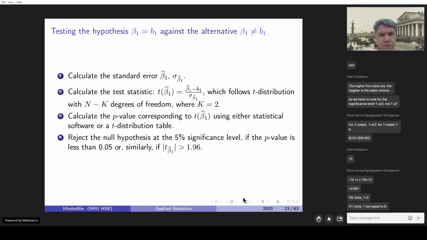The larger the coefficient here, the smaller will be the p-value. Small p-value means that we reject the null hypothesis. Big p-value, meaning bigger than alpha, for example, than 5% or 10%, means that we cannot reject the null hypothesis, so we accept the null hypothesis and we don't accept the alternative hypothesis.